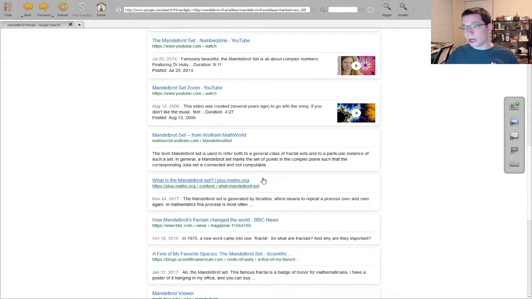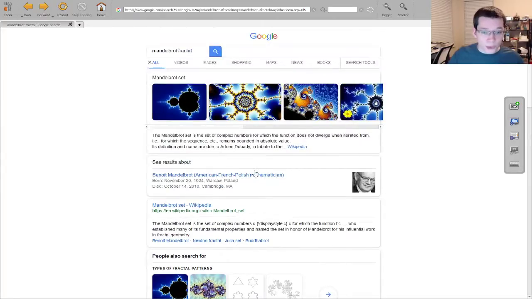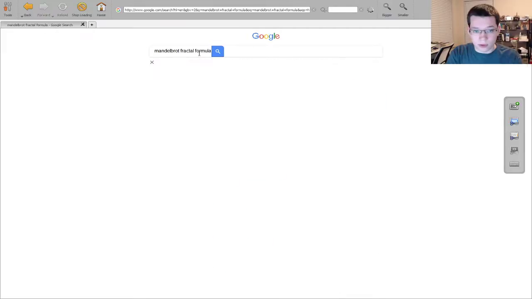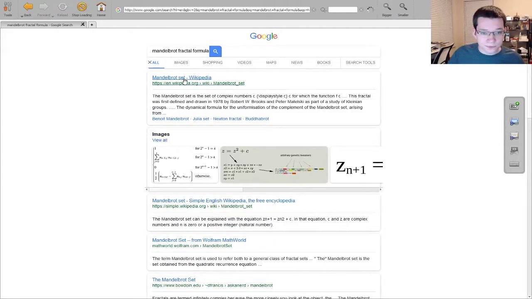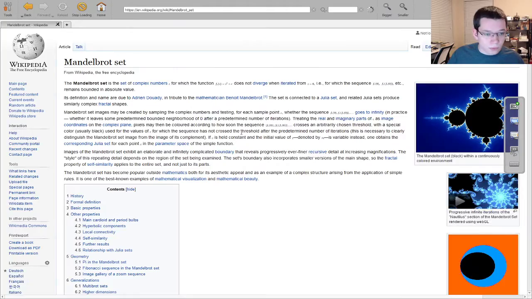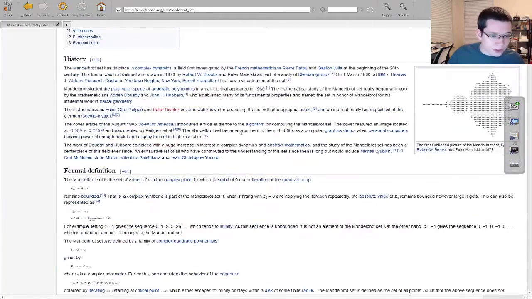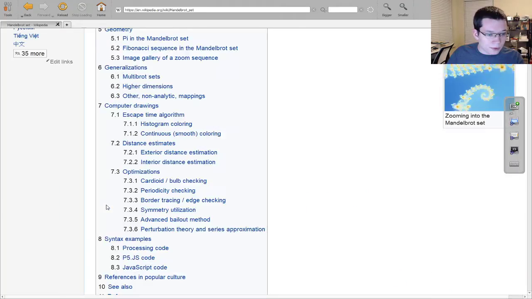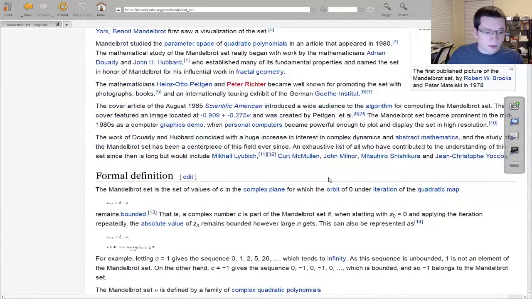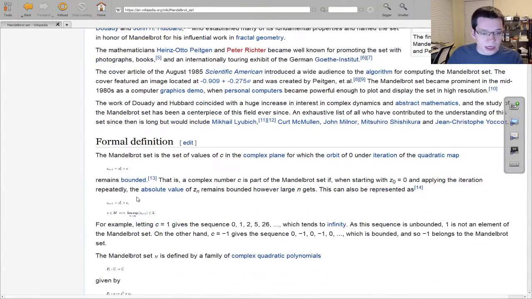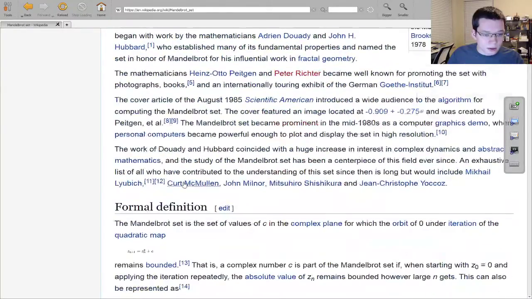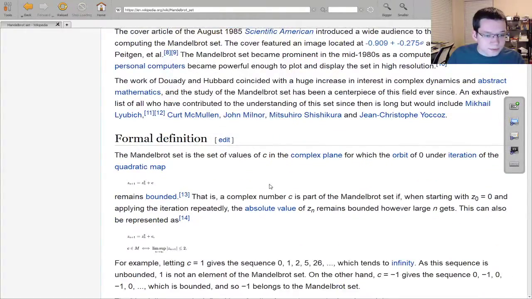It relates to the complex plane. So, if I can find it. Maybe it is here. And I just missed it. Formal definition. Why is this formula so tiny? Still tiny.